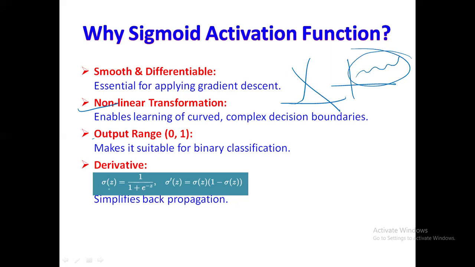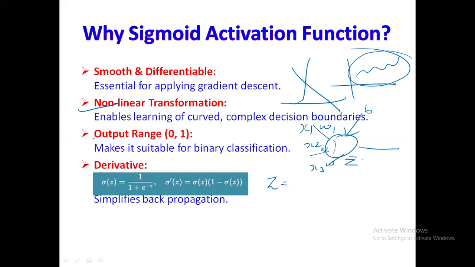The sigmoidal activation function is given by sigma of z equal to 1 divided by 1 plus e power minus z. This z is the weighted sum. We have seen x1 w1, x2 w2, x3 w3, and also the bias.